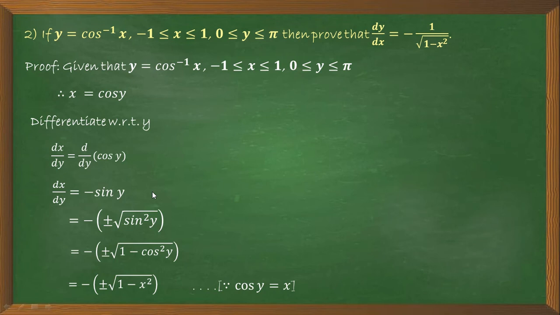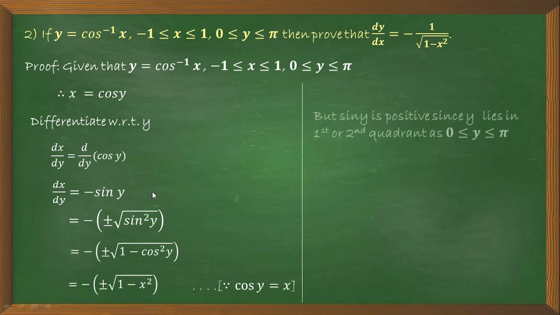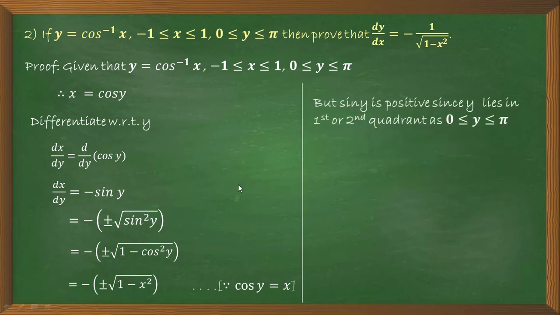As per the condition given here, sin y is positive since y lies in the first or second quadrant. Here, 0 to pi by 2 is the first quadrant and pi by 2 to pi is the second quadrant. So y lies in the first or second quadrant, and in these quadrants sin y is always positive.